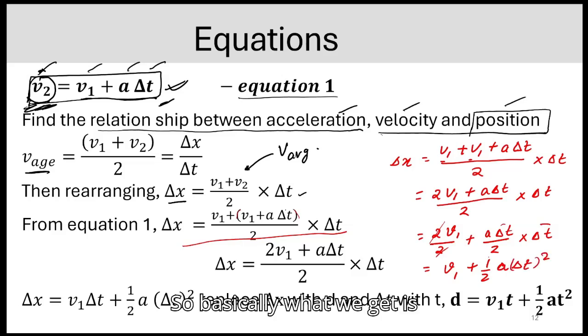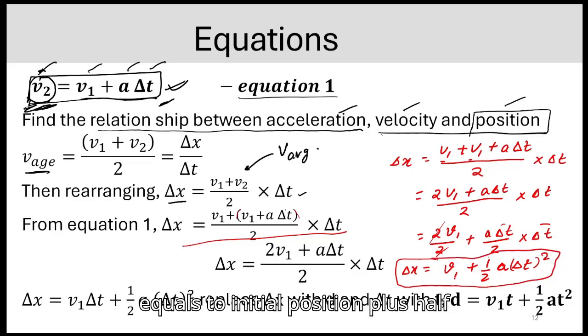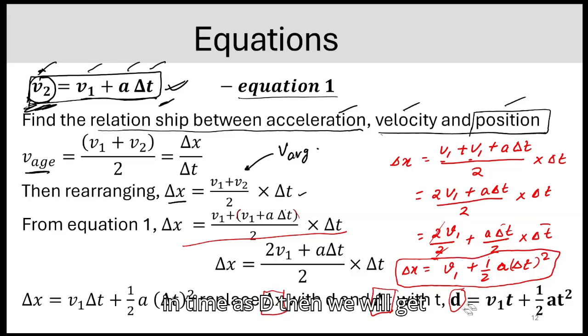So basically what we get is change in position equals initial velocity times time plus half acceleration times time period squared. And in order to simplify it, we can write the change in position as d and the change in time as t. Then we will get a simplified equation represented here.